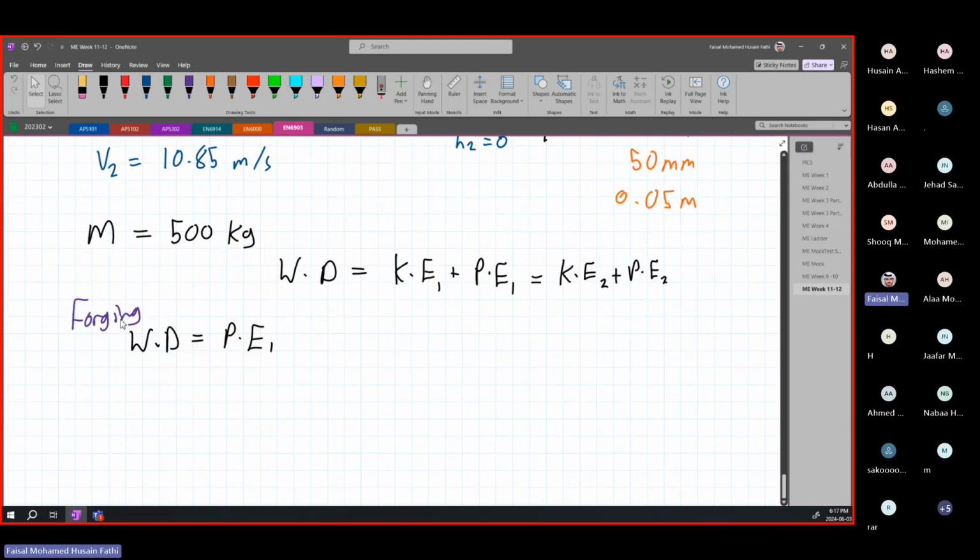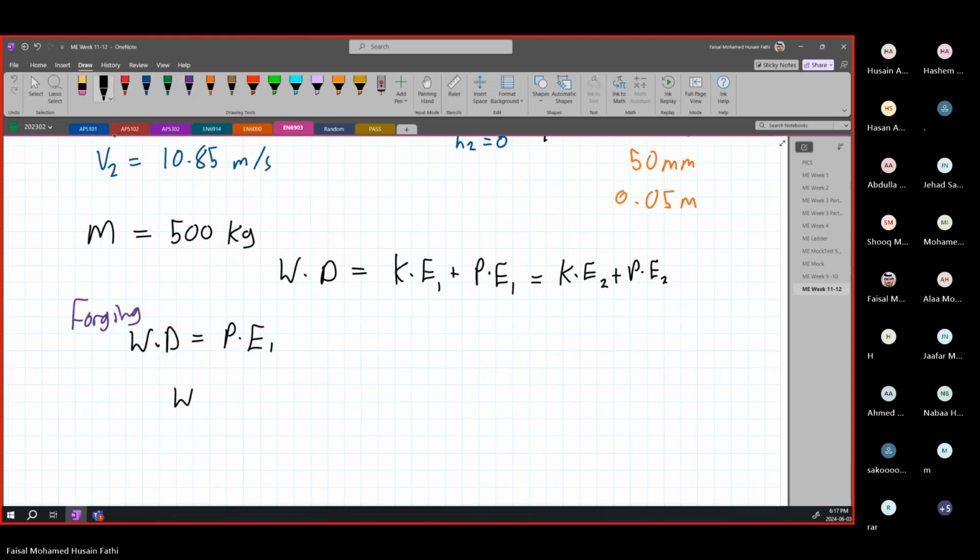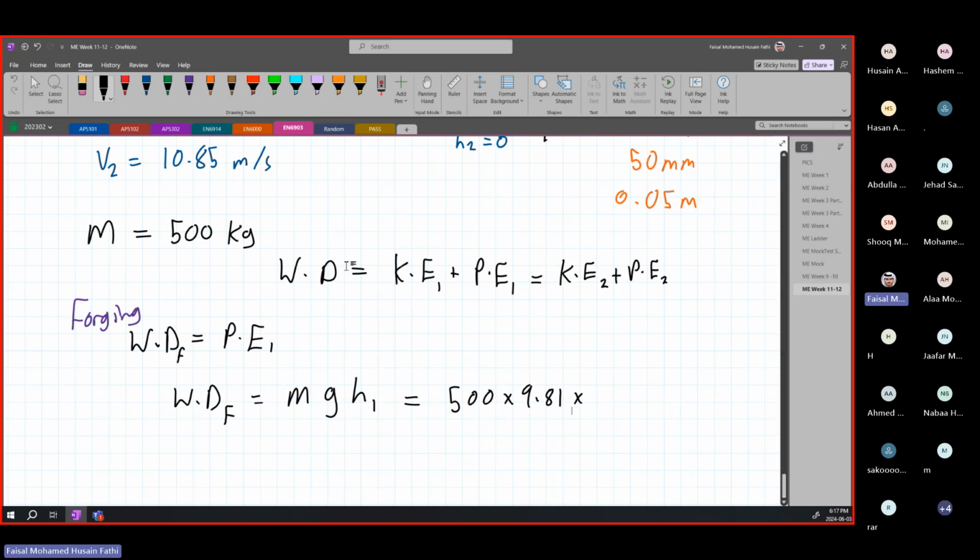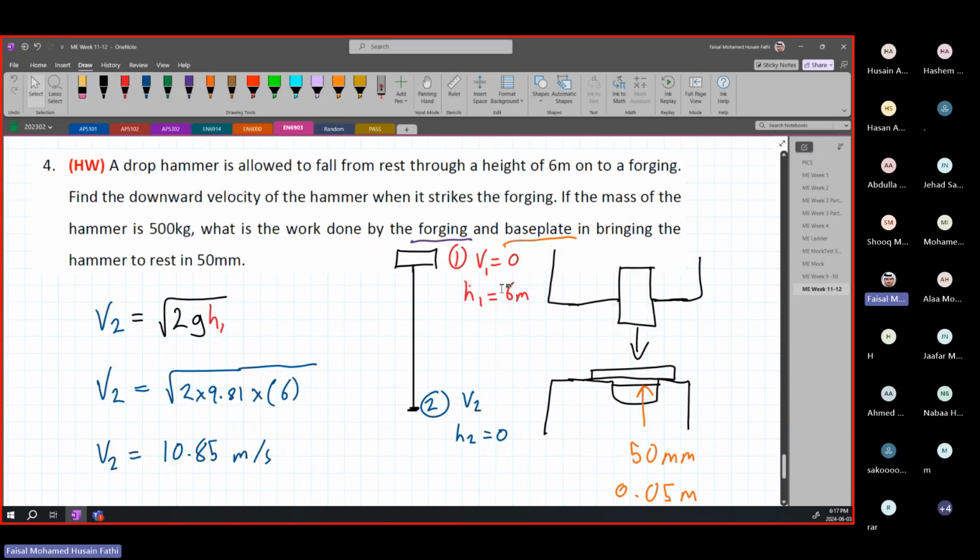So let's look at this one first. Work done here, I'll call it work done forging. So WDF is mgh, which is equal to the mass, which is now given, so it's 500 times the gravity times the height, which was also given to be 6 meters.